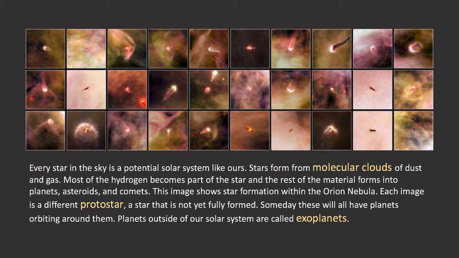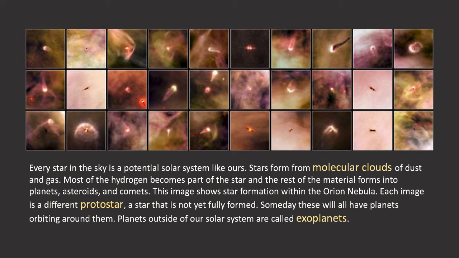If you look in one spot in the sky, the Orion Nebula, that is a star-forming region. Stars form from what are called molecular clouds, big clouds of dust and gas that by gravity condense and eventually form into stars, and around those stars, planets, asteroids, and comets.